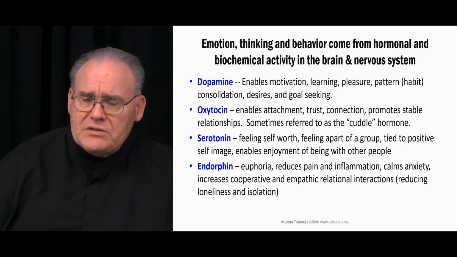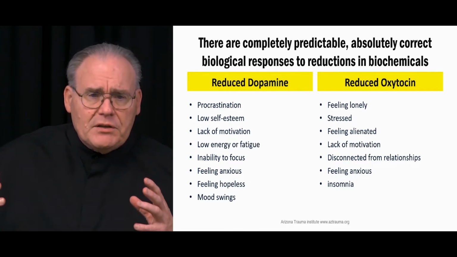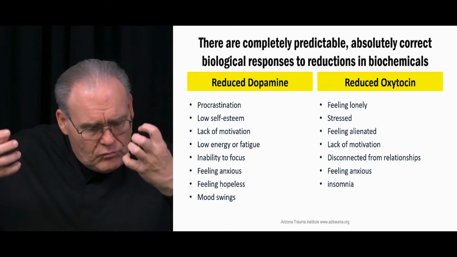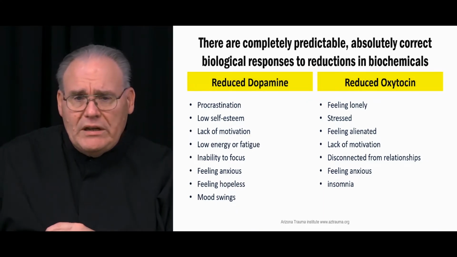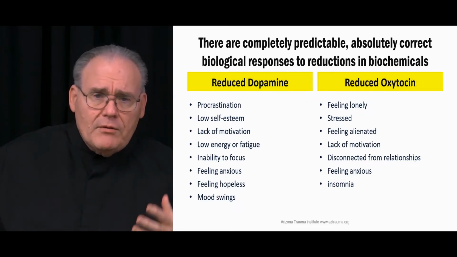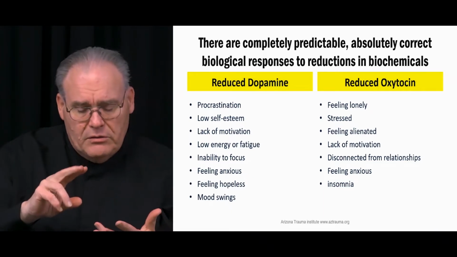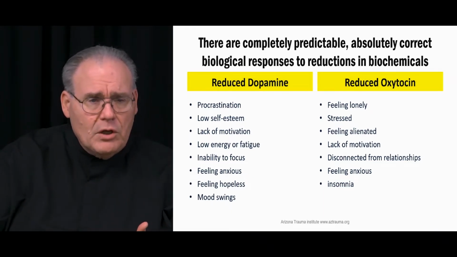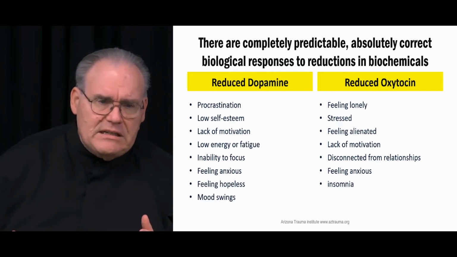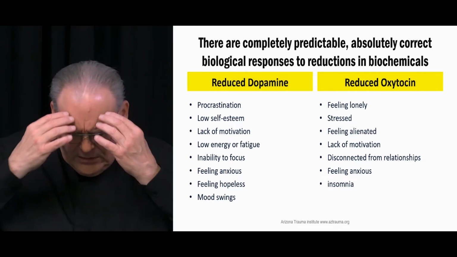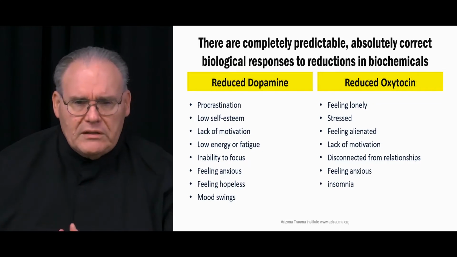Now, what happens with stress? We will cover that in just a minute, but I want to talk about what happens as these things move from a balance into deficits. You're going to see some really interesting behaviors emerge. If you have a deficit or a reduction in dopamine, you're going to feel procrastination, low self-esteem, lack of motivation, low energy or fatigue, and an inability to focus, particularly with that laser focus that allows you to learn and remember things more easily.